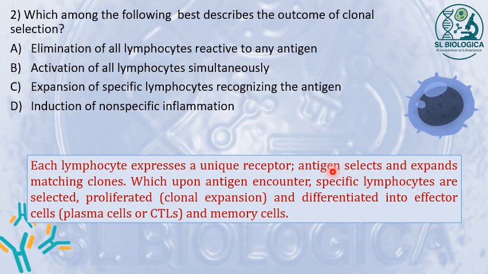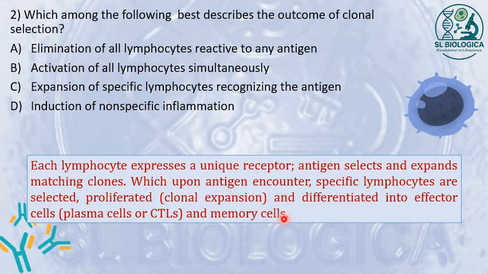This allows the proliferation or expansion of those particular lymphocytes, and that is known as the clonal selection process. Upon antigen encounter, specific lymphocytes are selected, proliferated, that is clonal expansion, and then differentiated into the effector cells, that is plasma cells or cytotoxic lymphocytes, and the memory cells.